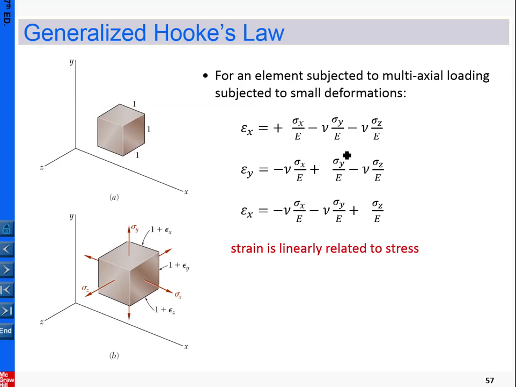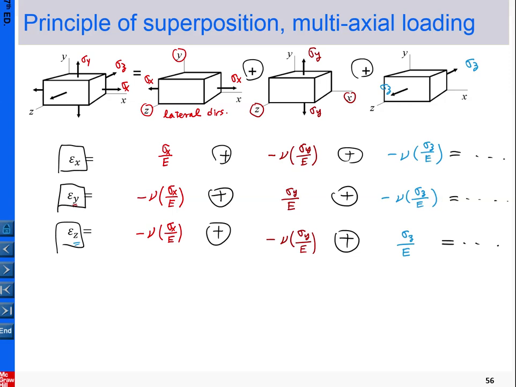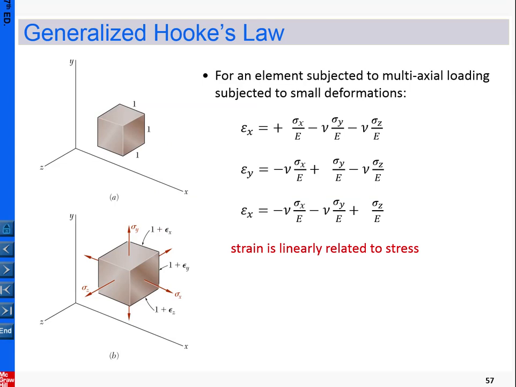If you compare this one carefully with the previous page, I let you take a look one more time at this page compared to this equation. I simply summarize the equations here. So this gives us part of the generalized Hooke's law described in three dimensions.